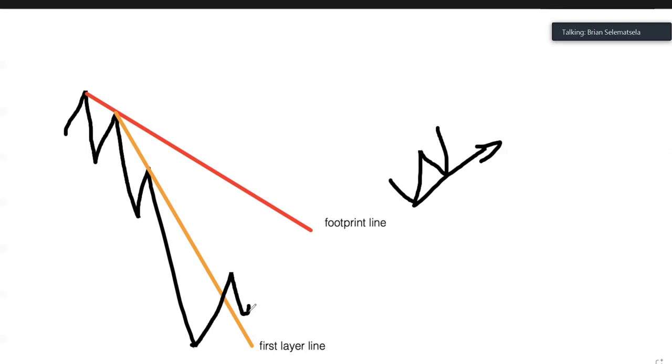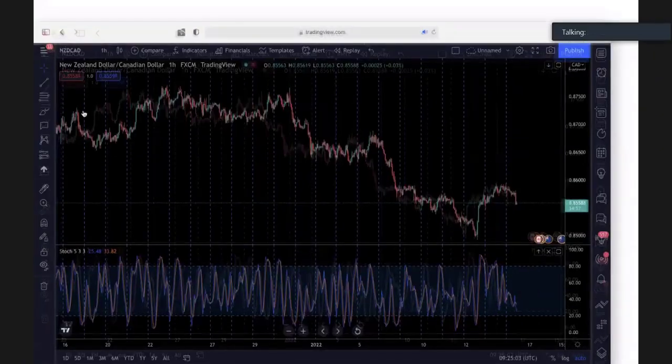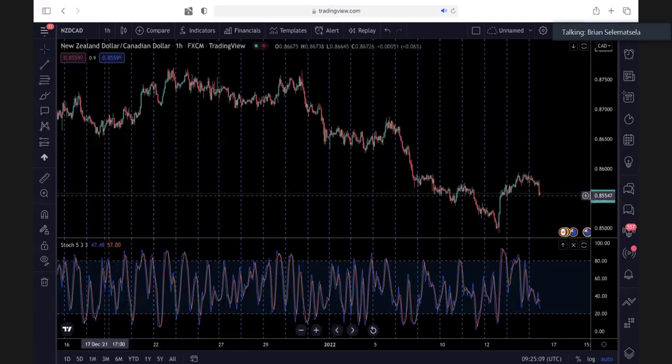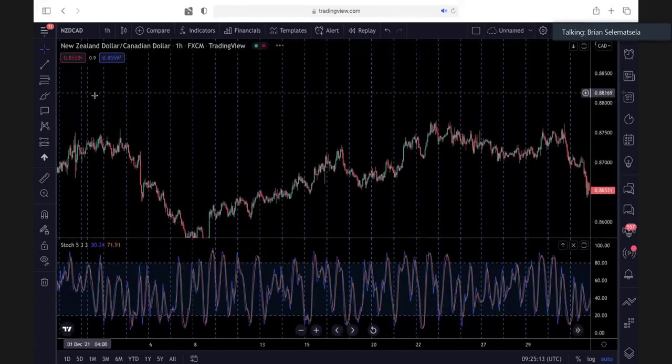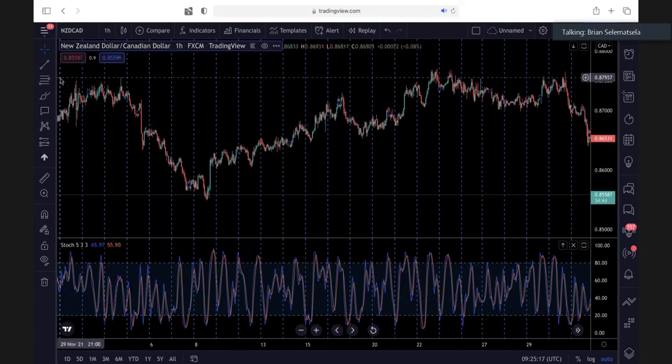So now, after the market pulls back, what we normally focus on is the divergence, how we go about spotting the divergence when the market reaches that point.